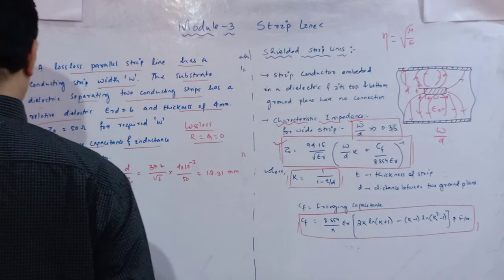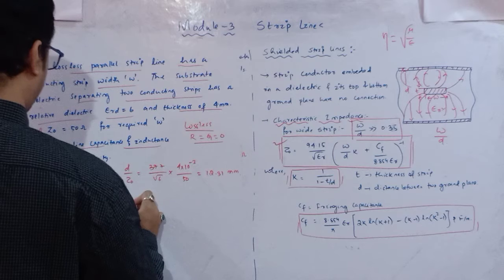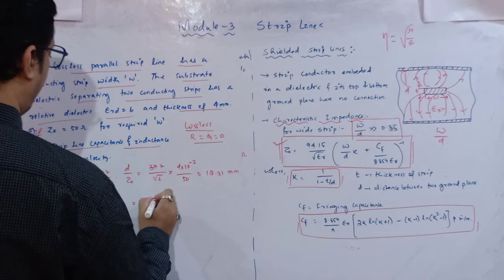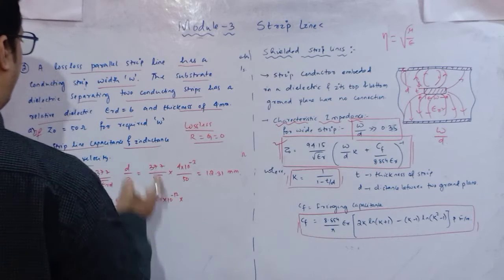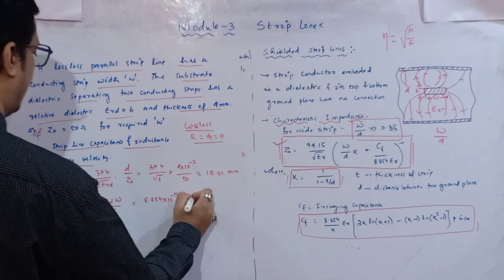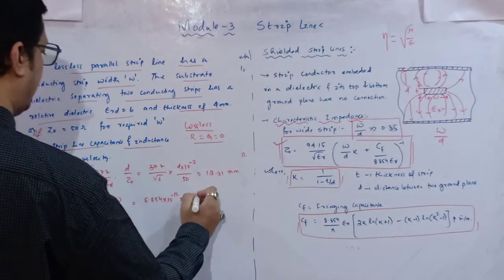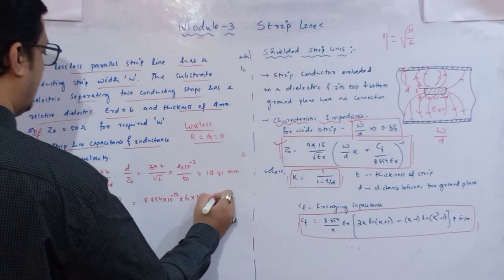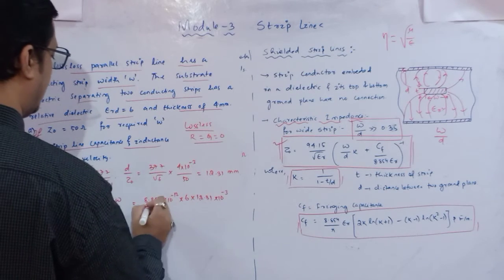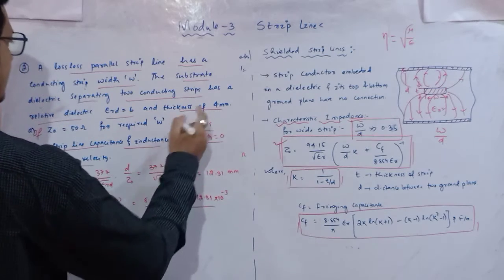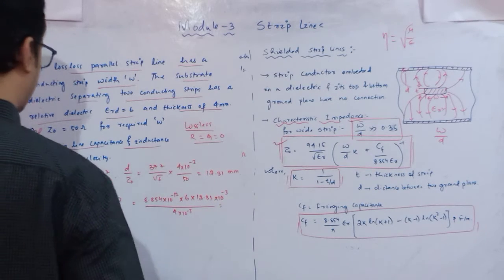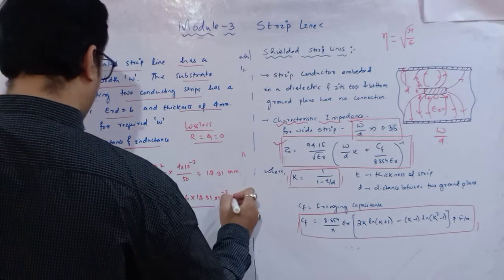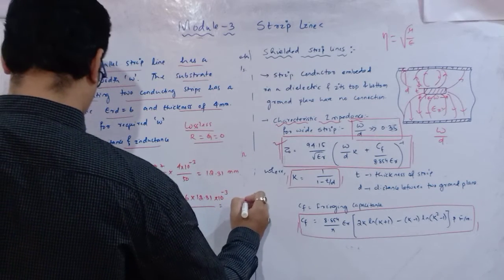Epsilon D is 8.854 into 10 to the power minus 12 into epsilon RD, that is 6. The width is 12.31 into 10 to the power minus 3, divided by D, that is 4 into 10 to the power minus 3.